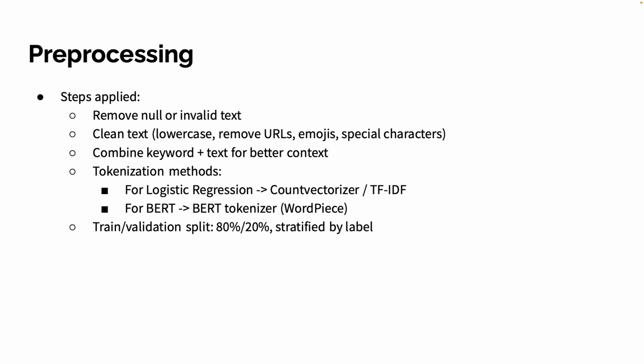For our tokenization methods for logistic regression, we use the count vectorizer and TF-IDF to transform our words into numbers. For our BERT model, we use the BERT tokenizer, which uses WordPiece. For our training and validation split, we did an 80-20 split stratified by label on our logistic regression model.